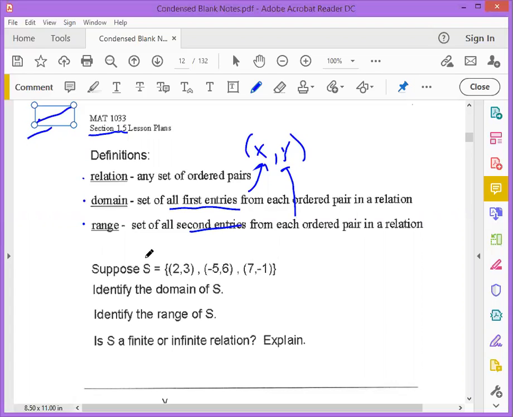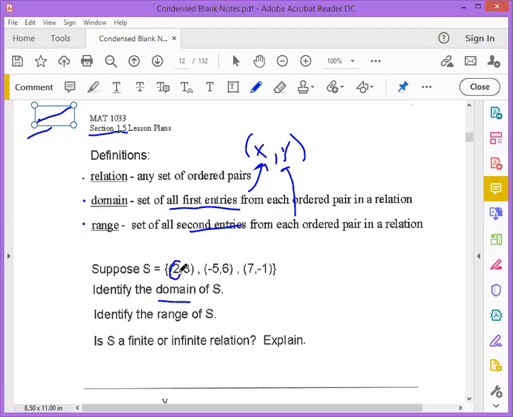Now let's suppose we had S, this relationship, with 3 ordered pairs: (2, 3), (-5, 6), and (7, -1). Identify the domain. And remember, the domain is all the x coordinates.